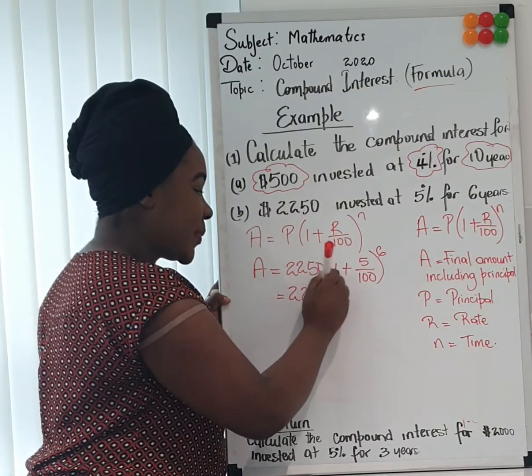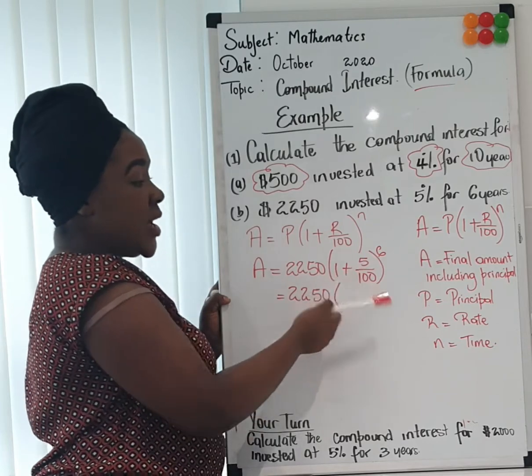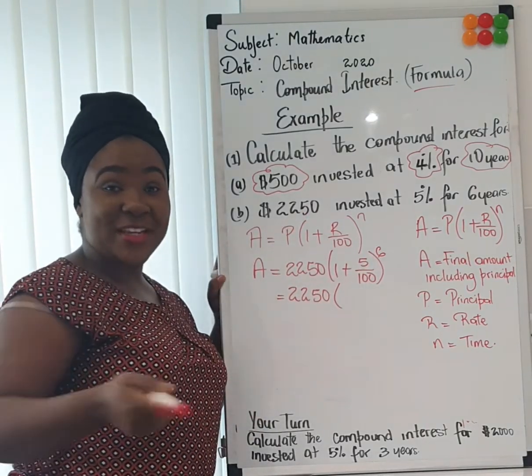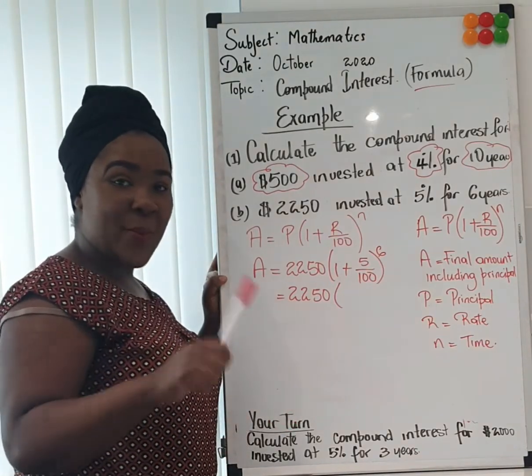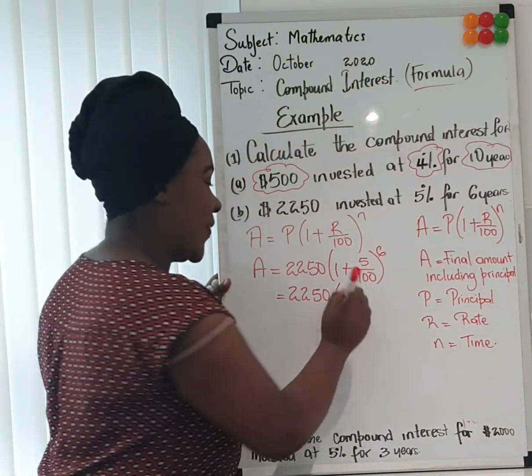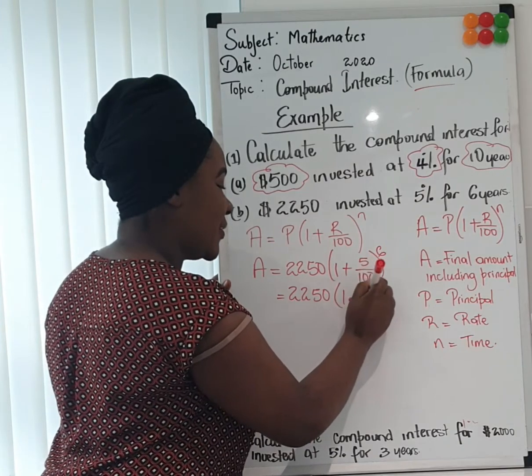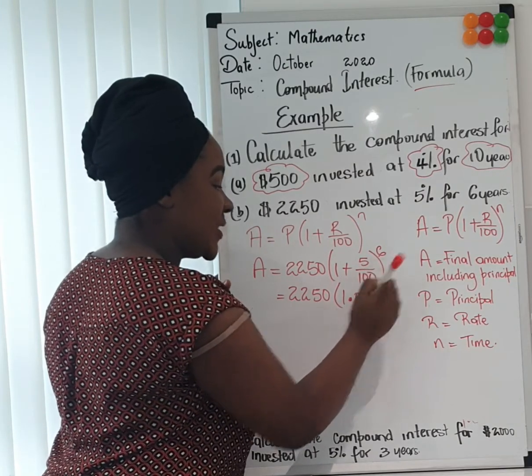Remember that 5 divided by 100 is 0.05, plus 1 is 1.05, close bracket, raised to the 6.